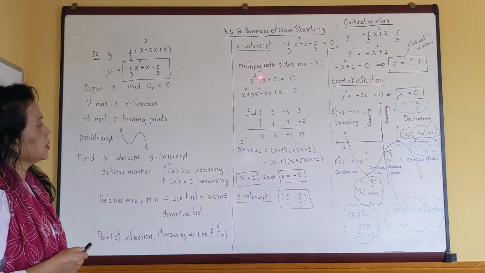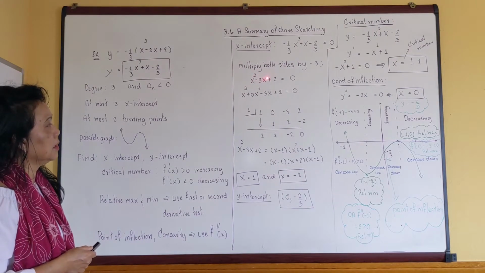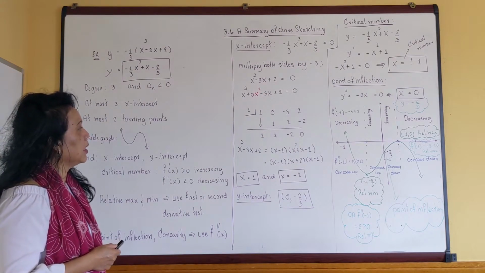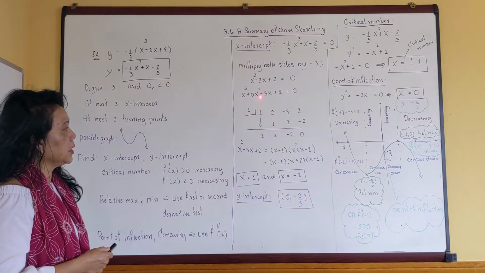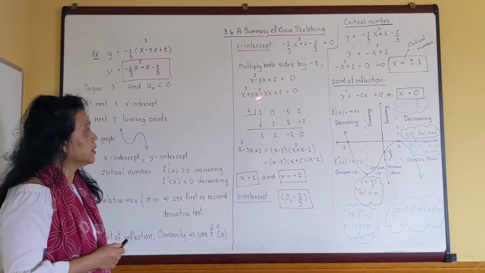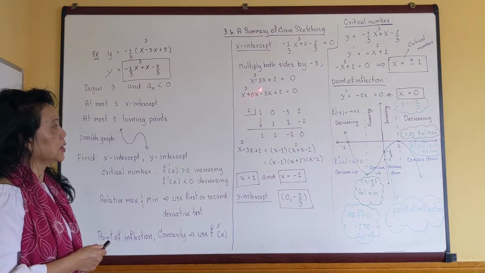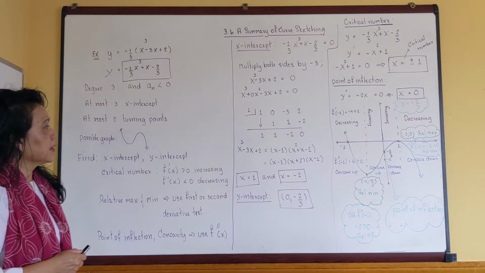However, I'm missing some terms. The degrees are not in decreasing order. I'm missing x squared, alright? So I'm going to put 0 times x squared. So now I have every degree in decreasing order. Make sure that you put everything in order. If something is missing, just put 0 times that degree, alright?